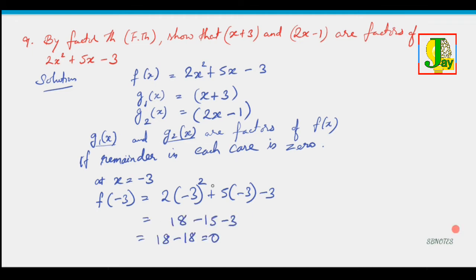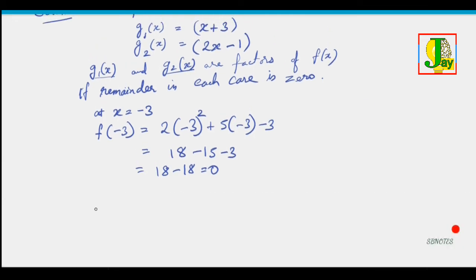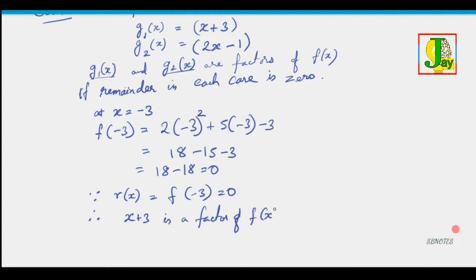Since the remainder is 0, we can write: since R(x), that is the remainder, f of minus 3 equals 0, therefore x plus 3 is a factor of f(x). Now we didn't divide, right? Without dividing, we used the factor theorem and found out that x plus 3 is a factor.